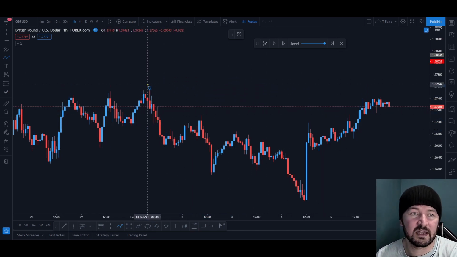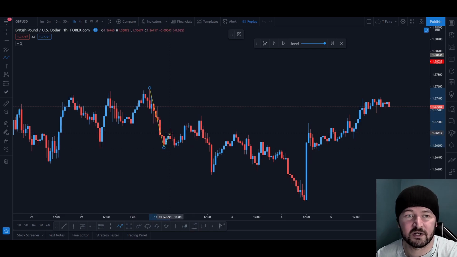So we've got a starting point, and then we get a low, we get the start of a counter trend, and it comes back, but it doesn't break this level here, so we've still just got a high and a low, and then we get a counter trend here. We're going to mark these off individually.